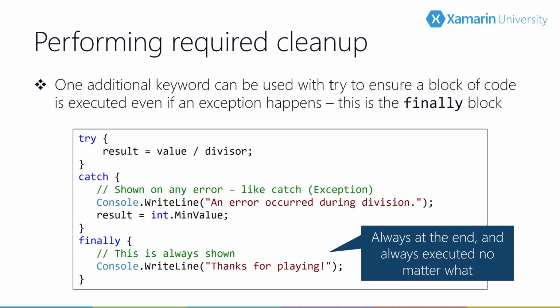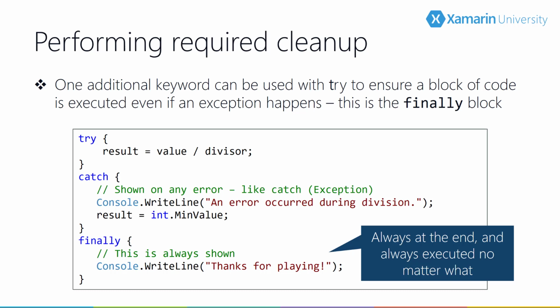The code within this section is guaranteed to execute after the try and catch, even if an exception is thrown, or the try block includes a return statement. In fact, it's called even if no exception handler is found, so even if no matching catch block is present, the finally will still always be invoked.